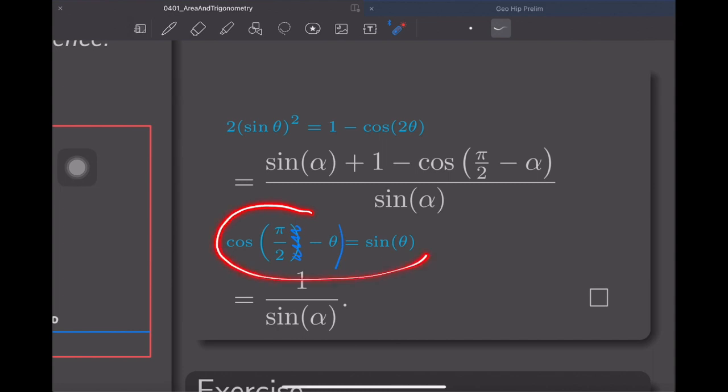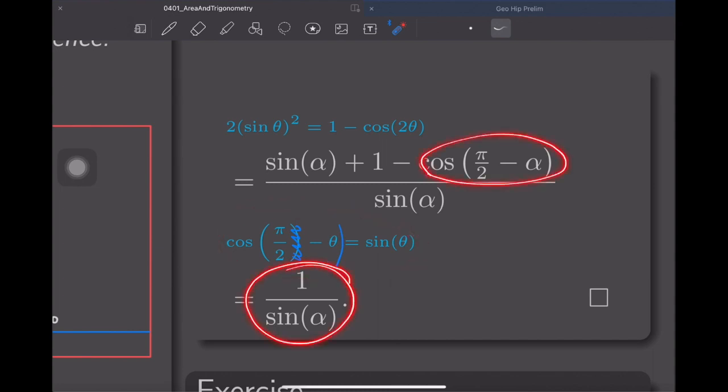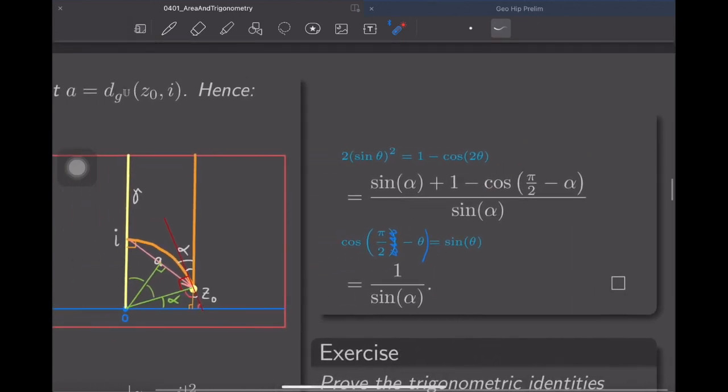Okay, so because of that, you see I just substitute, and there are cancellations, because this one then cancels with sine of alpha, and so I get just 1 divided by sine of alpha.